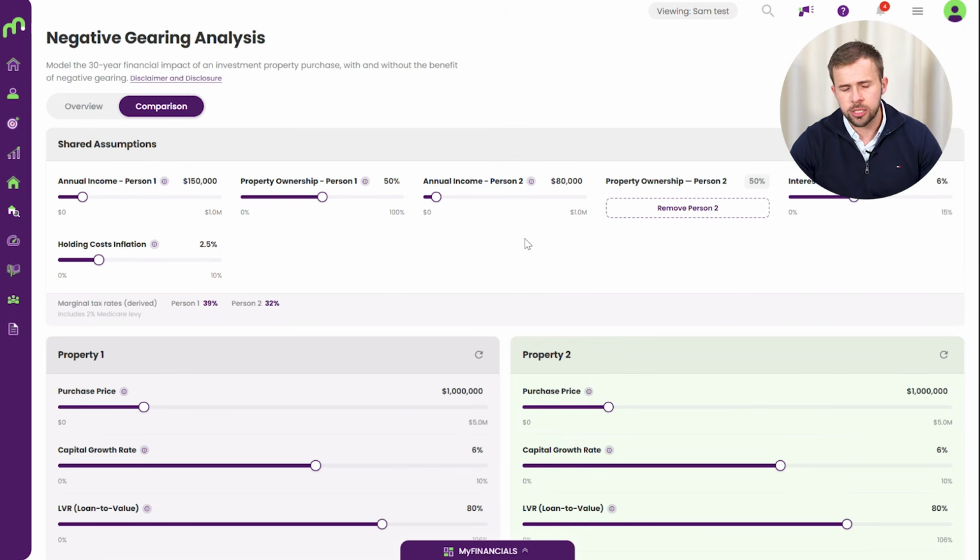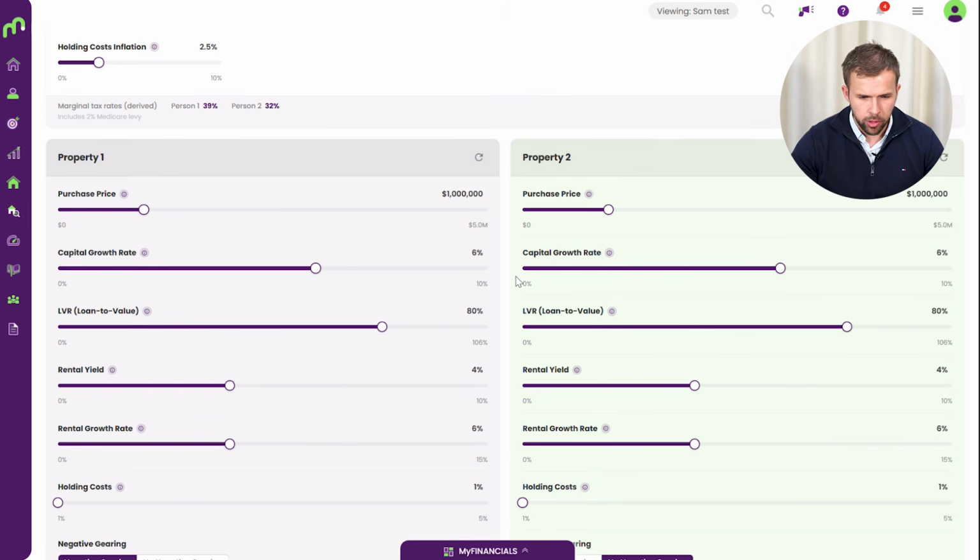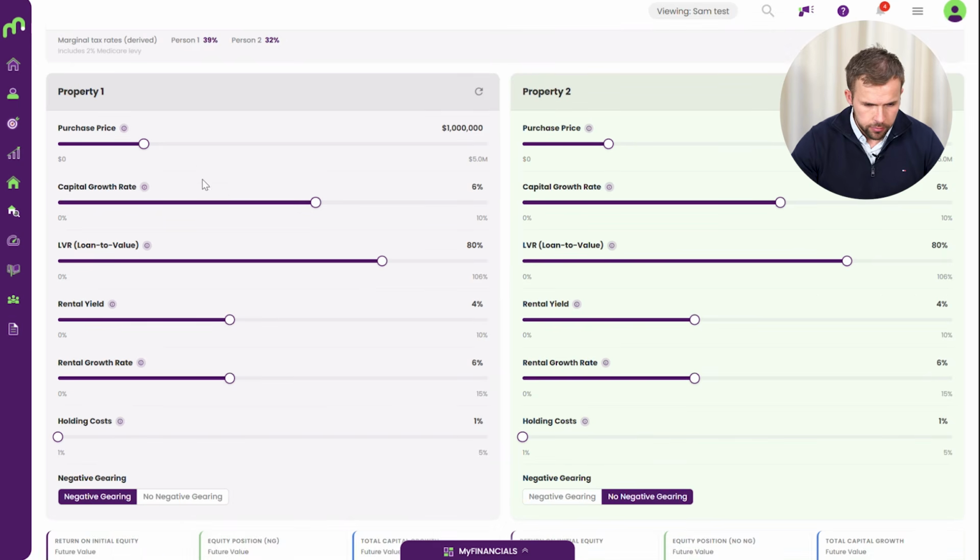Again, you can change the shared assumptions around the income and the ownership and interest rates as well. But let's have a look at the property information assumptions here. So let's say we're choosing a higher growth property here. Really, I'm just playing around with some rough examples, but let's have a look at what you can do.